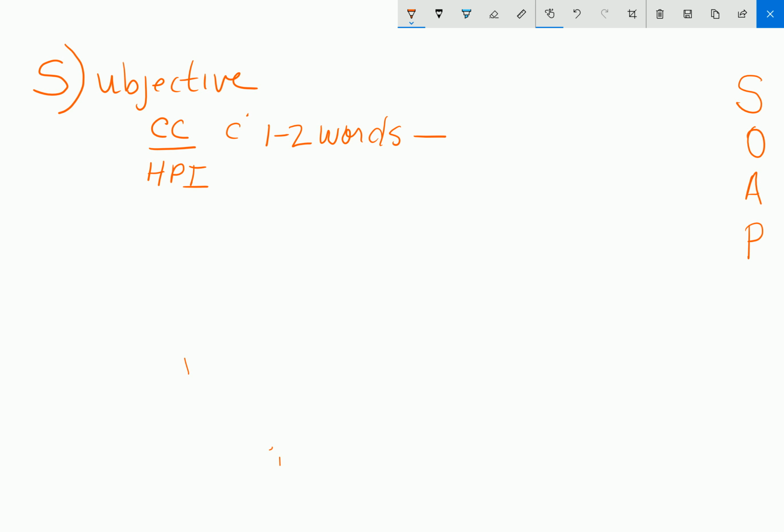Now, the history of present illness expands on the chief complaint, and there is an old mnemonic that you can use that may guide you, and that's Old CARTS.